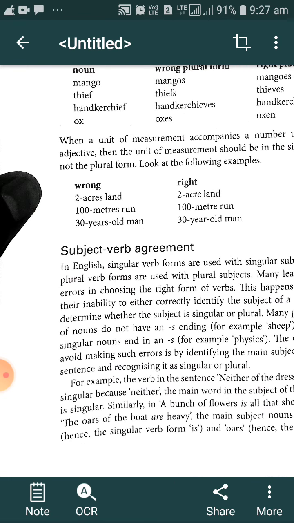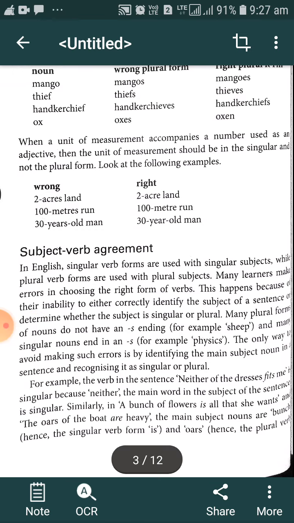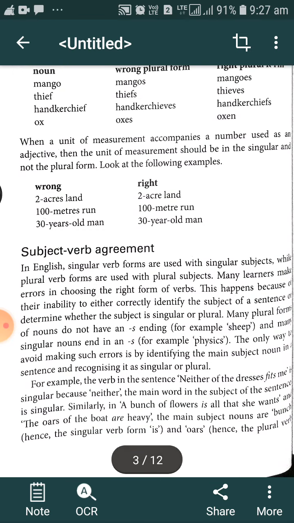Then another portion is there, subject verb agreement. In English, singular verb forms are used with the singular subject, while plural verb forms are used with the plural subject. That we have discussed while studying simple present tense. Many learners make errors in choosing the right form of verb. This happens because of their inability to either correctly identify the subject of the sentence or determine whether the subject is singular or plural.